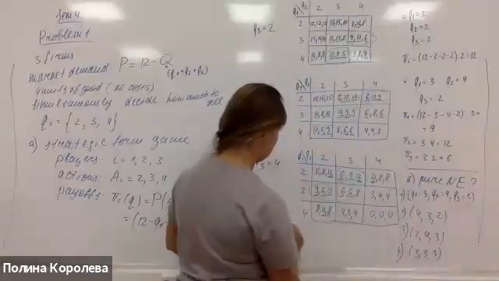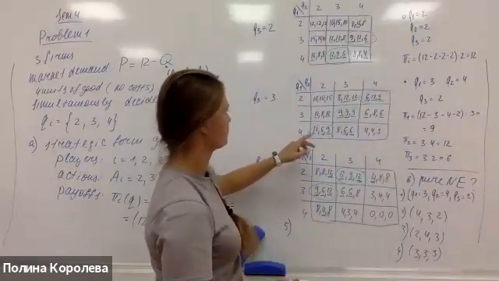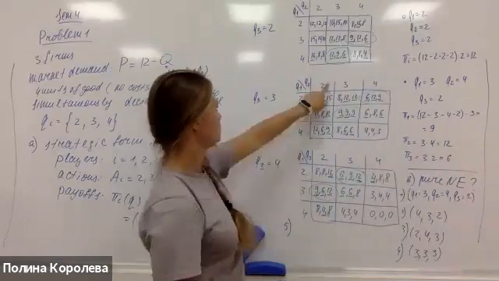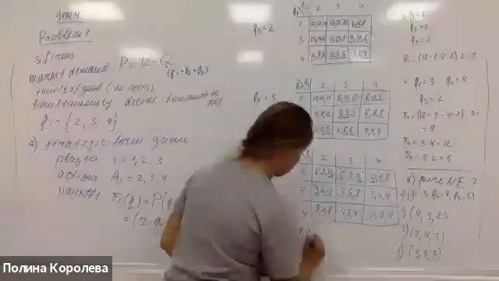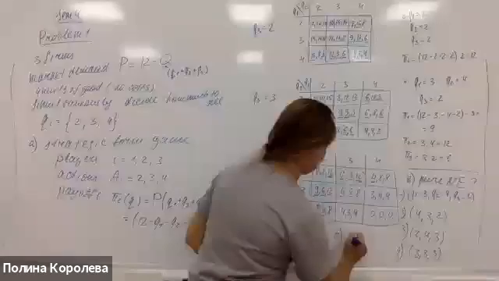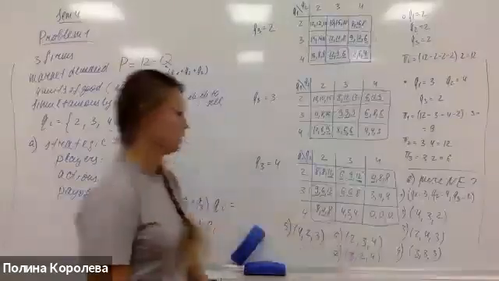Then, fifth. Here, 4, 2, 3. Then 3, 2, 4. 2, 3, 4. And 2, 3, 4. 3, 2, 4, yeah.